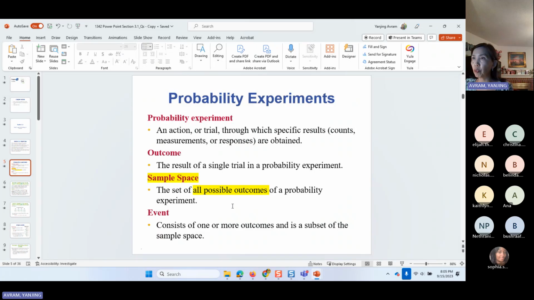So for example, if you flip a coin, you're gonna have either head or tail. So head and tail, this is called the sample space. We have 2 possible outcomes in here. An event consists of 1 or more outcomes and is a subset of the sample space.